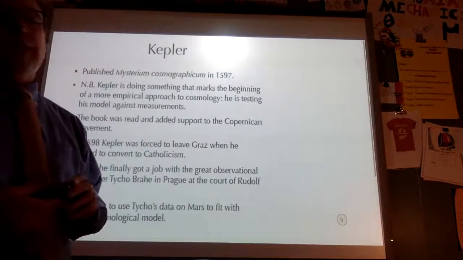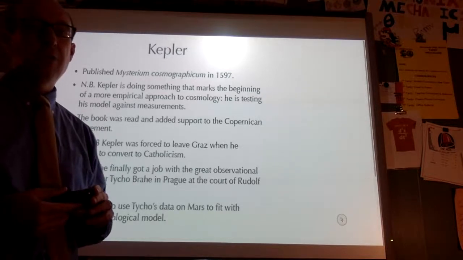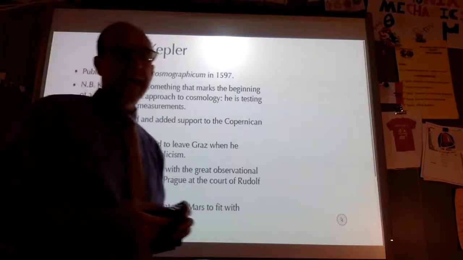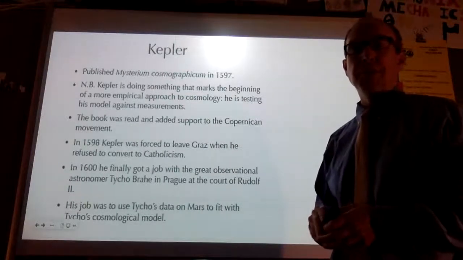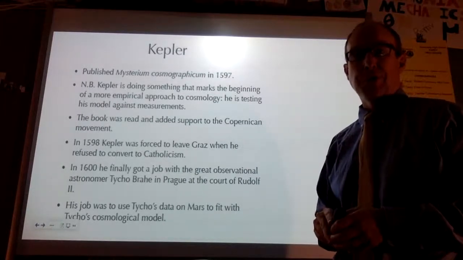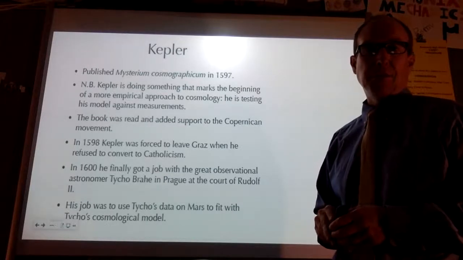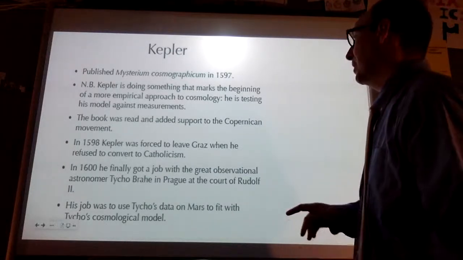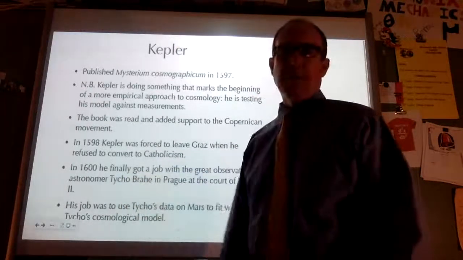So Kepler was really interested in data. And so he wanted to apply all of the data that he could get to the orbits to really understand what was going on with these orbits. Up to this point, it was accepted that they were circular orbits. The person who had the best data is Tycho Brahe, or Tycho Brahe.